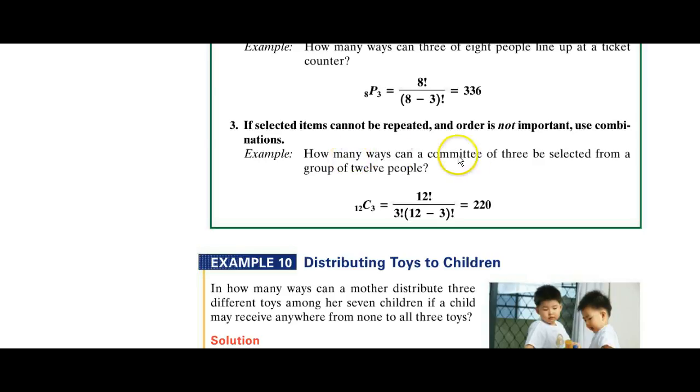How many ways can a committee of 3 be selected from a group of 12 people? And then just plugging that into your combination formula. And you're showing this in your homework logs. Keeping good records, your notes.